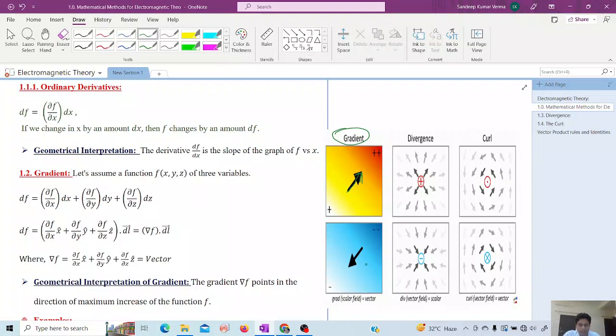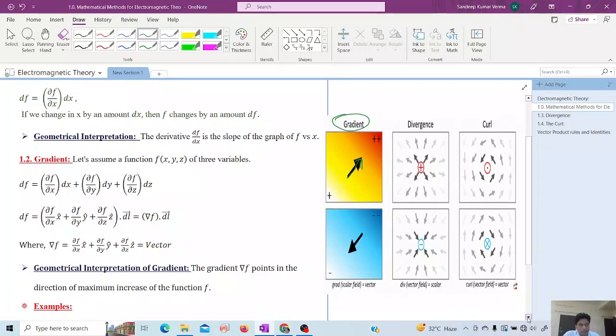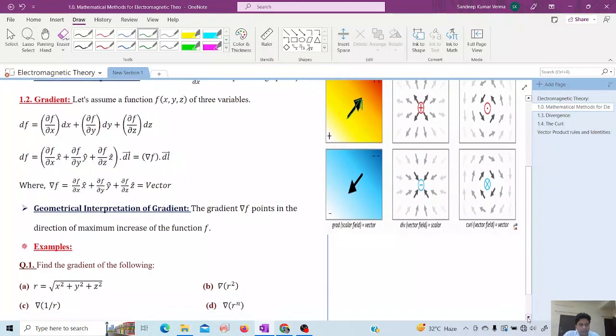Similarly in this figure, there are two negative charges here and one negative charge there, so the gradient tells about the maximum increment, because there is more negative charge on one side and less on the other. It tells about the direction of the increment of the scalar field.